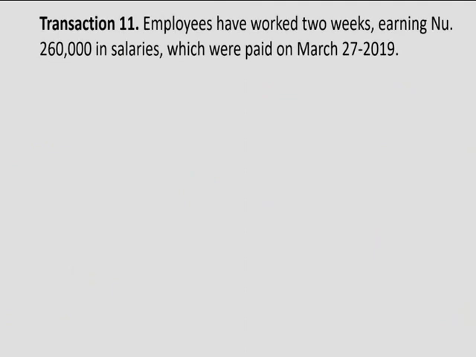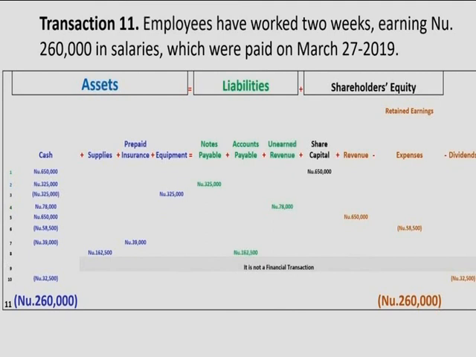The last transaction: employees have worked for 2 weeks. Now on 30 March, the employees have been working for 2 weeks, and they earned salaries of 260,000, and it was paid on 27th March. Again, an expense has been incurred by the business.